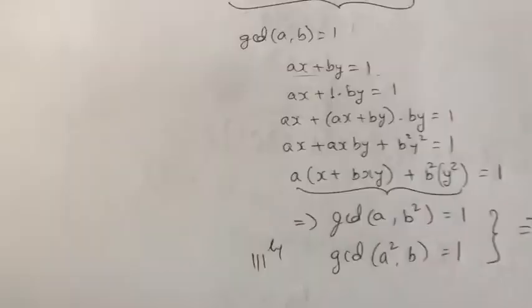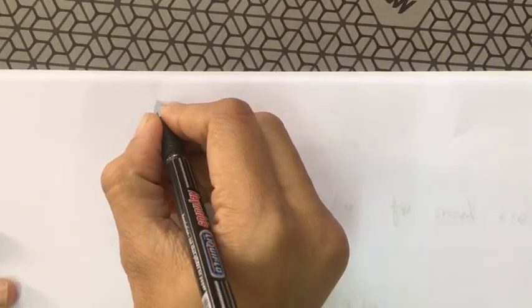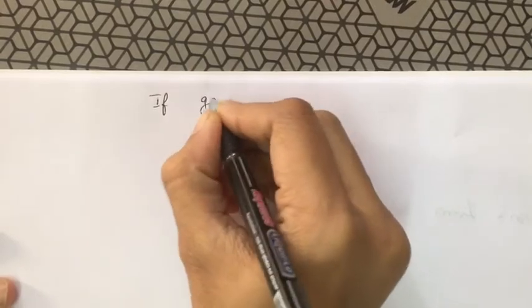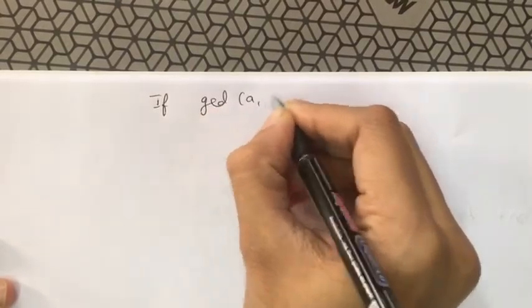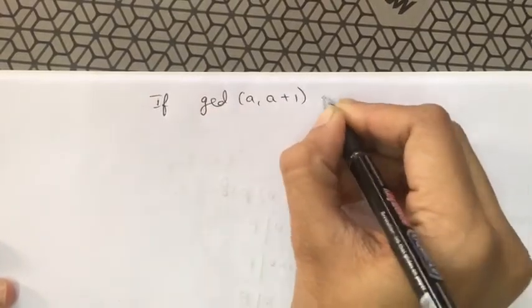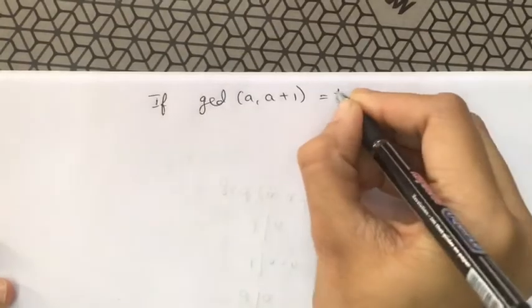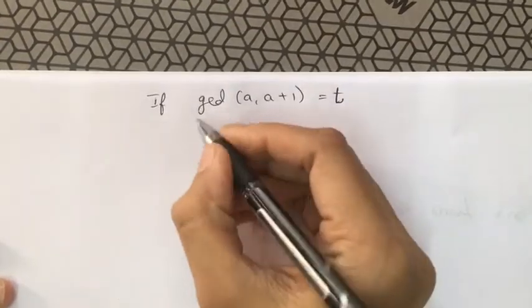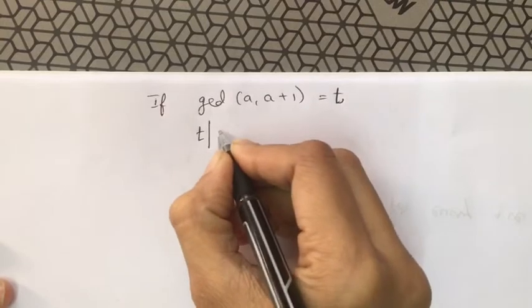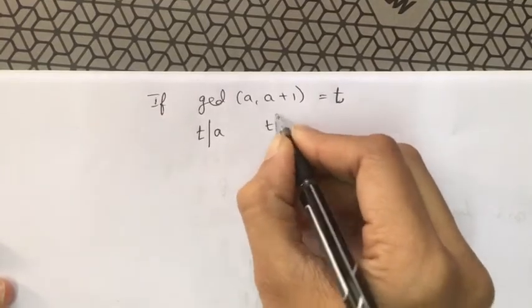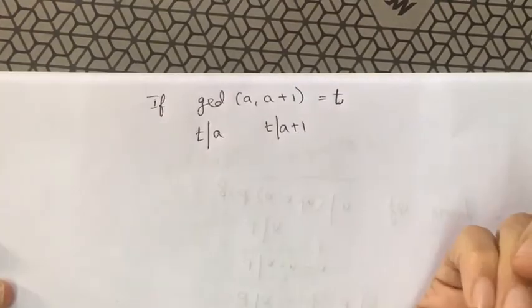Suppose GCD of a and a plus 1 is t, then t divides a and t divides a plus 1.